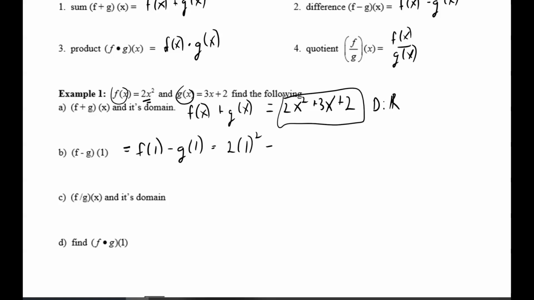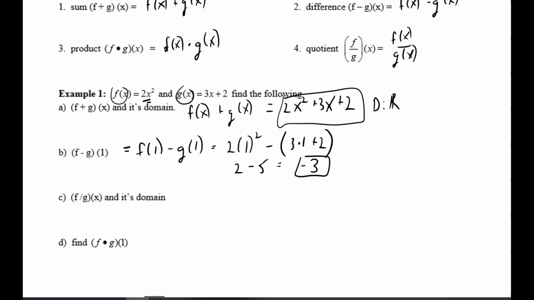That's going to be 3 times 1 plus 2. Just be careful about the subtraction because you are subtracting the entire g function, not just a part of it, so I'll put it in parentheses. So this is 2 minus 3 plus 2 is 5, and that is just negative 3.